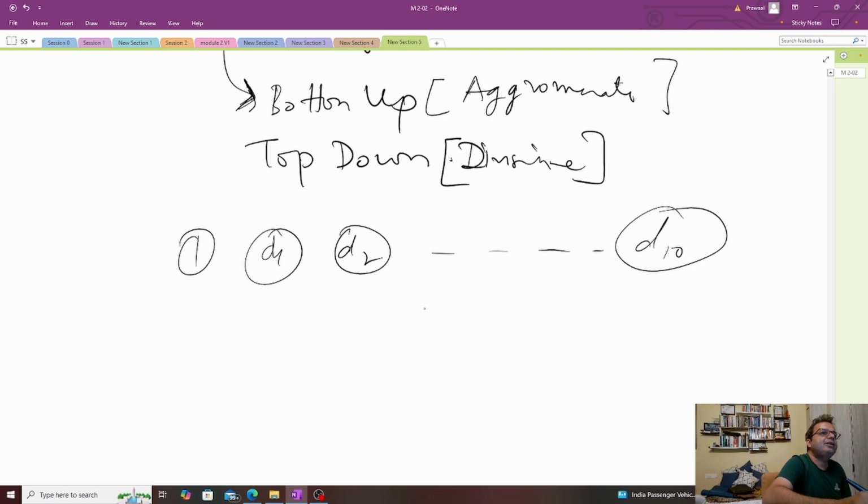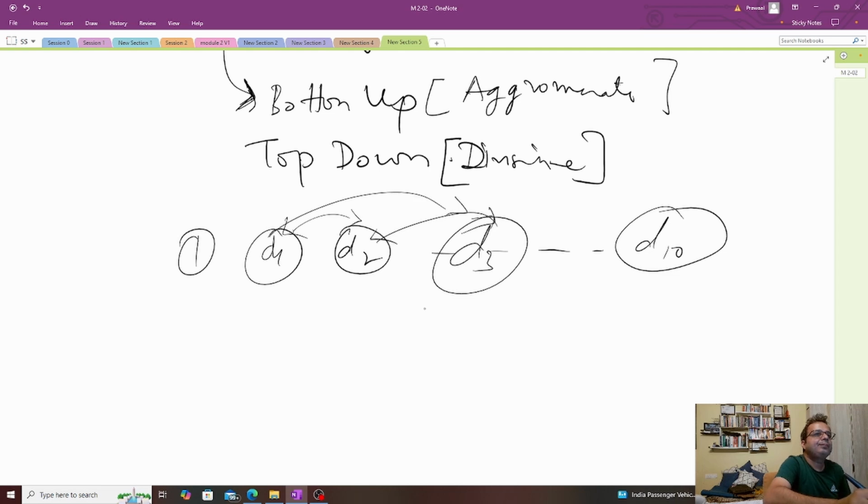Then you find out which two clusters are nearest to each other, combine those nearest clusters into one cluster, and then you keep repeating this.